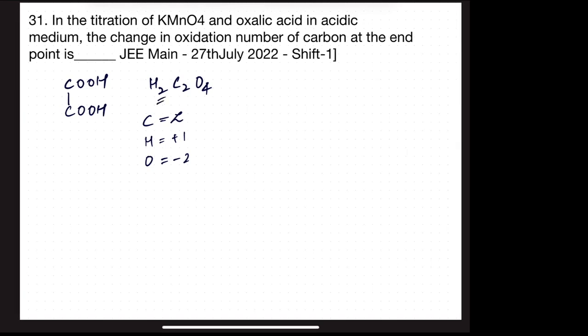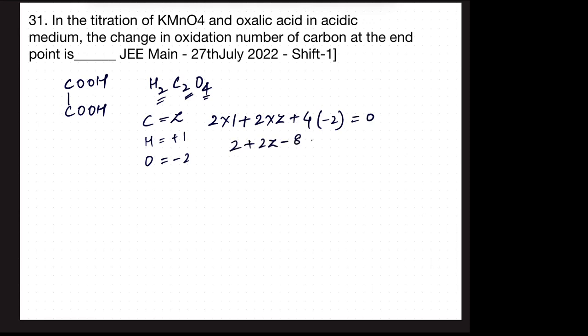Now 2 atoms of hydrogen, so it can be written as 2 into 1, plus 2 atoms of carbon, so 2 into Z, plus 4 atoms of oxygen, so 4 into -2, is equal to 0. So this is equal to 2 plus 2Z minus 8 is equal to 0.